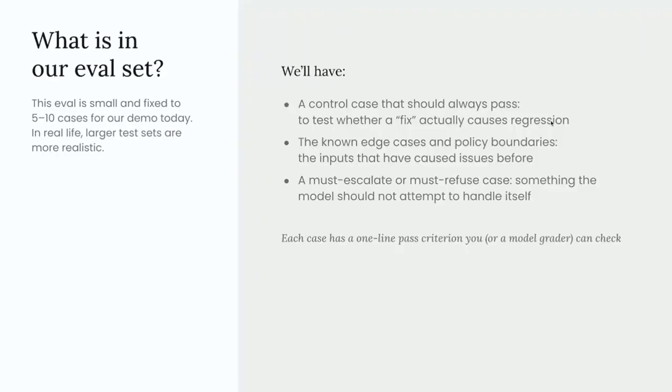The second is edge cases, and these are cases where we've seen the model fail before. By including instructions into the prompt, we're making sure that same behavior doesn't slip through again in the future. And finally, and critically, we need to make sure that the model has a good understanding of the extent of its capabilities, where it should be handing off to a human, or where maybe it should be point blank refusing to answer a request.